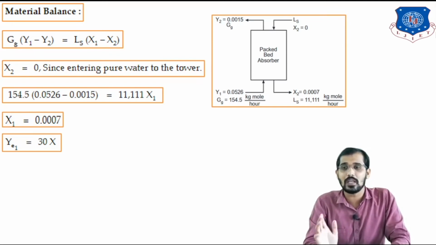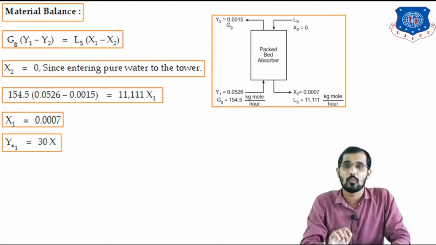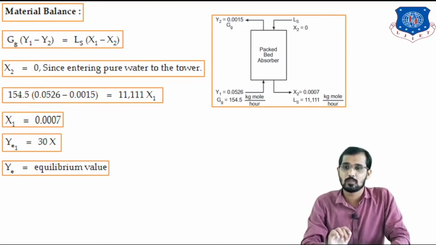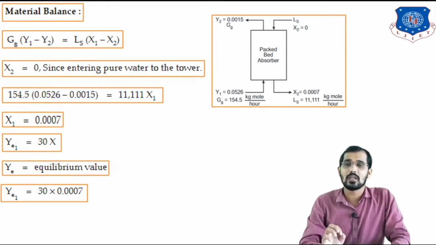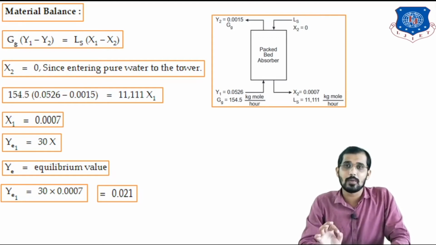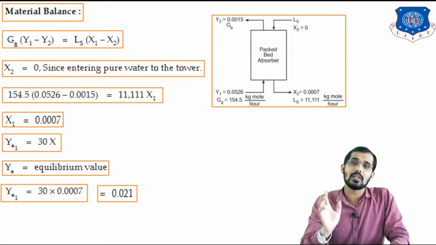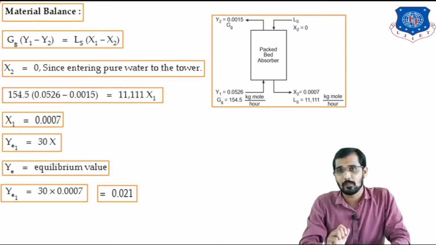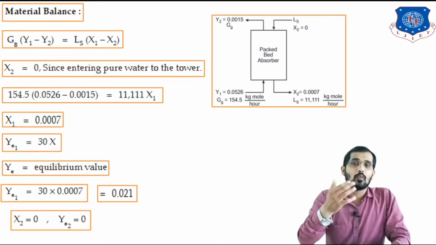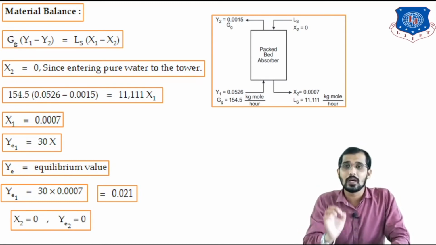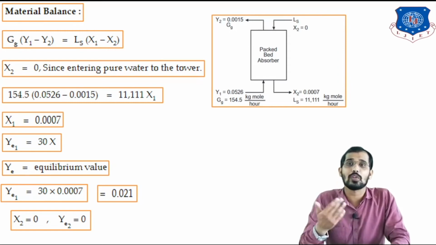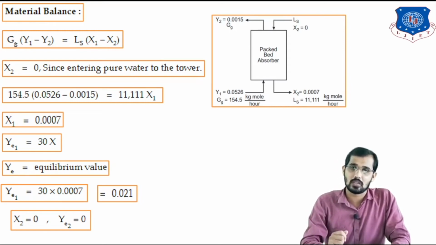YE1 is equal to 30 into x1, and x1 is 0.0007. Putting it in, 30 into 0.0007 gives 0.021. This is the equilibrium value for YE1, meaning the SO2 present in the gaseous stream at equilibrium. Similarly, we calculate YE2. YE2 is 30 x2, and x2 is 0 because we are using fresh water, so YE2 is 0.